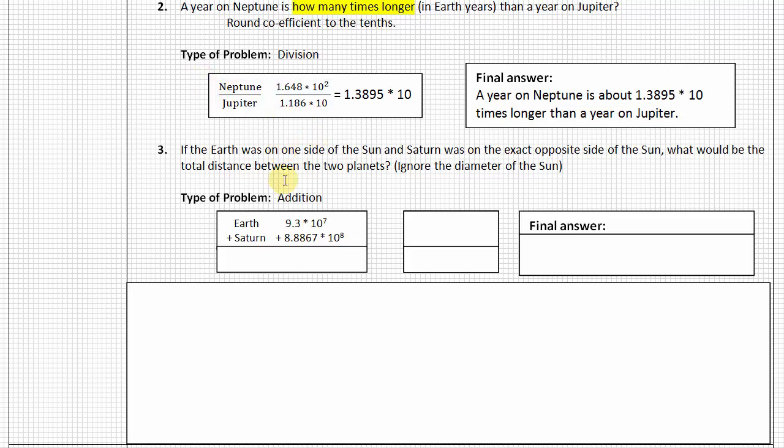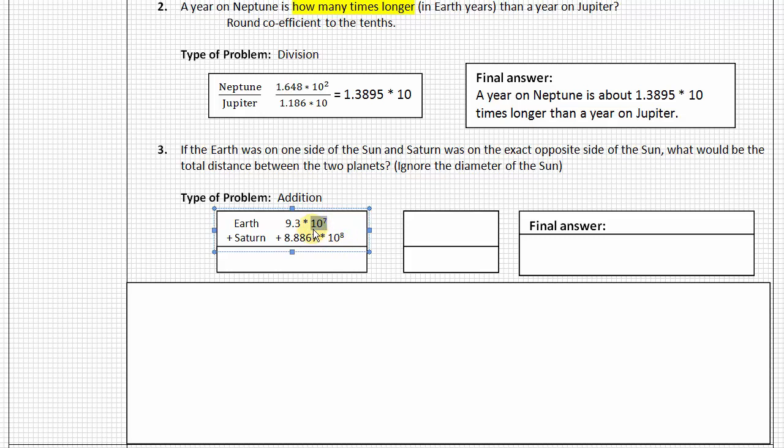So we want to go ahead and combine these. Do you see where the red flag is? Remember, with addition and subtraction, we have to make sure that our powers of 10 are the same before we do any work to solve the problem. And since we're using 10 to the 7th and 10 to the 8th, we need to fix that. So we're actually going to fix the one that's smaller, 10 to the 7th.